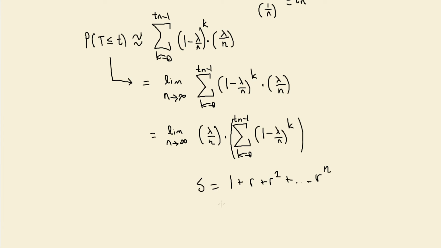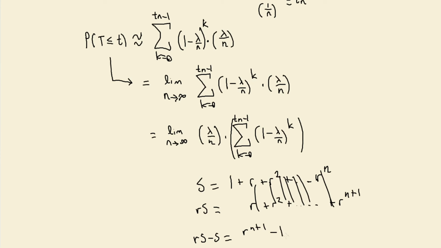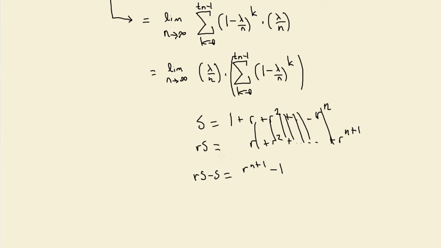If you haven't seen this before, we've done this maybe 10 times on this channel, but if you just multiply this series s by r, we get r plus r squared plus up to r to the n plus 1, and then we can take rs minus s, and all these terms cancel except for the 1 and the r to the n plus 1, and so we get r to the n plus 1 minus 1, and then we factor out this s here, and we can solve for the summation, and this is just r to the n plus 1 minus 1 over r minus 1.